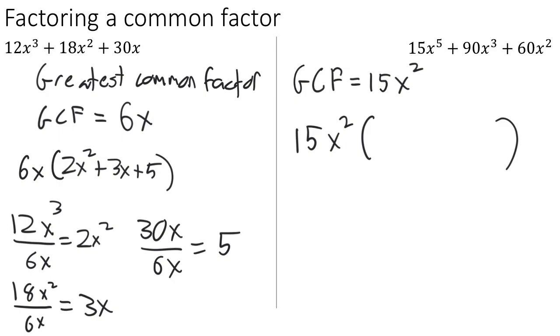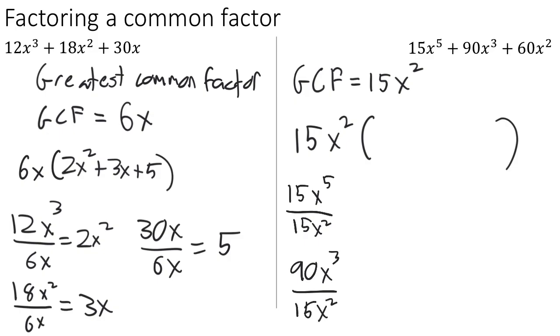So for the first one, we have 15x to the fifth. We're going to divide by 15x squared. For the second, we have 90x to the third that we're going to divide by 15x squared. And for the last one, we have 60x squared, which we're going to divide by 15x squared.